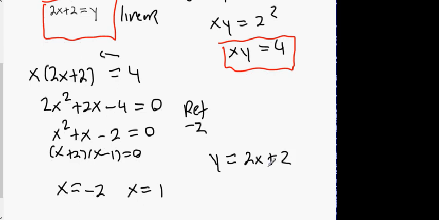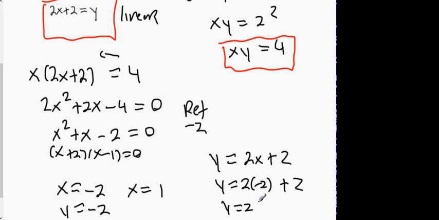So wherever the x value is, it's going to be y equals 2 times minus 2 plus 2. Y equals... And then the next one is 2 times 1 plus 2, y equals 4.